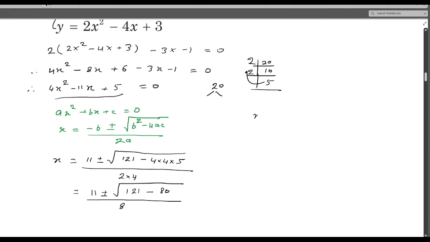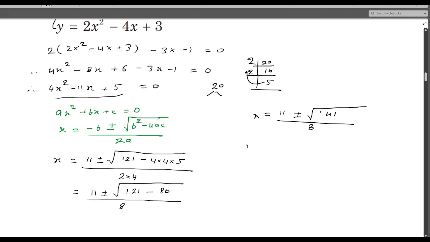So your x is equal to 11 plus or minus root of 121 minus 80, which is 41, divided by 2 times 4 is 8.